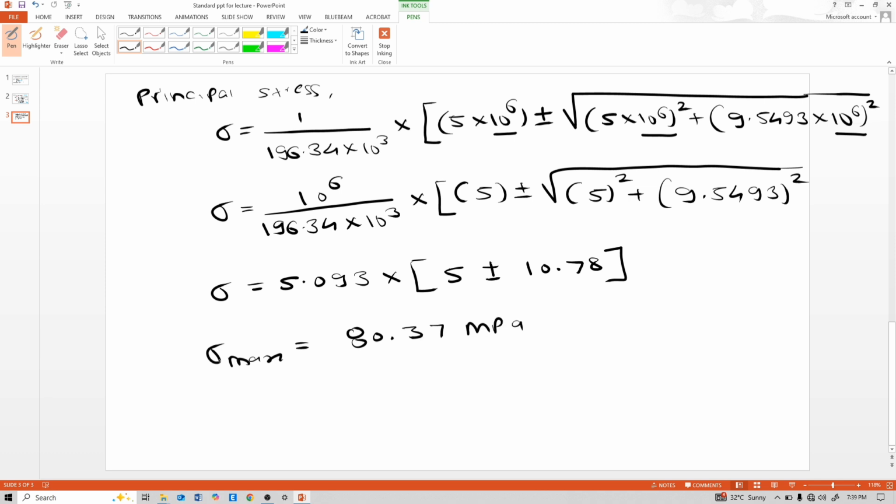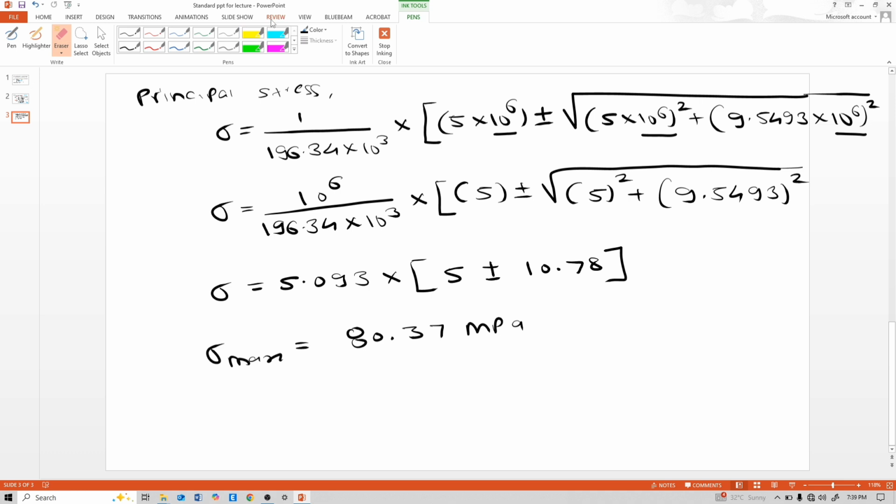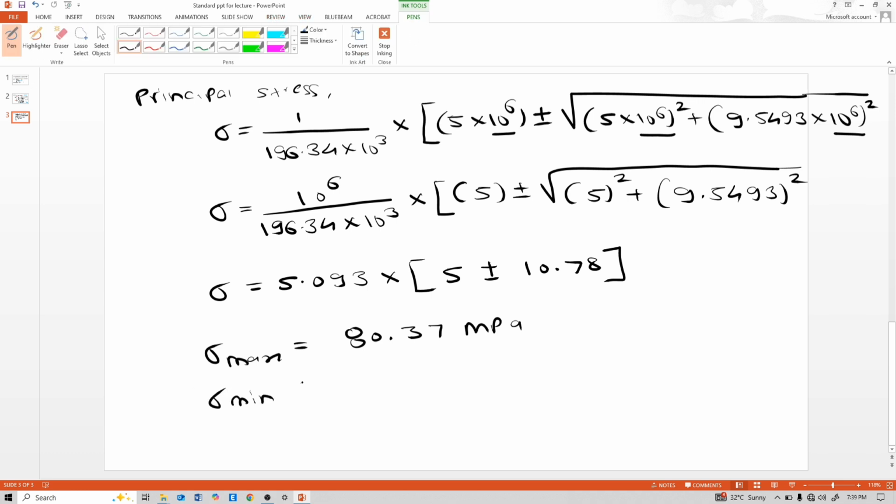For this maximum principal stress, we use the plus symbol. And for minimum principal stress calculation, use the minus symbol. So 5.093 multiplied by 5 minus 10.78, so minus 29.44 MPa.